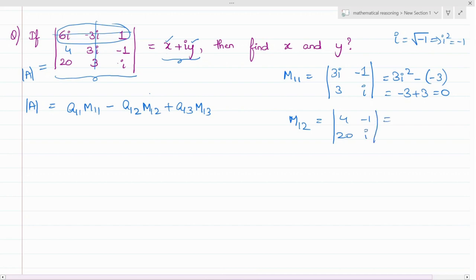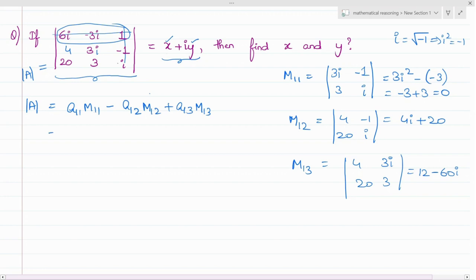So it is 4 iota, minus into minus plus 20. Next, M13, just eliminate the first row and the third column. So the leftover elements are 4, 3 iota, 20, and 3. So it is 4 3s are 12, minus 20 3s are 60 iota.